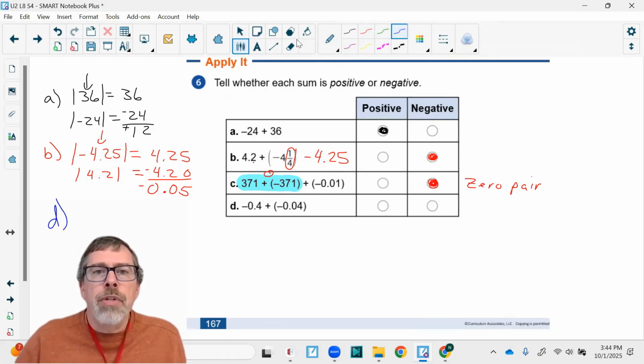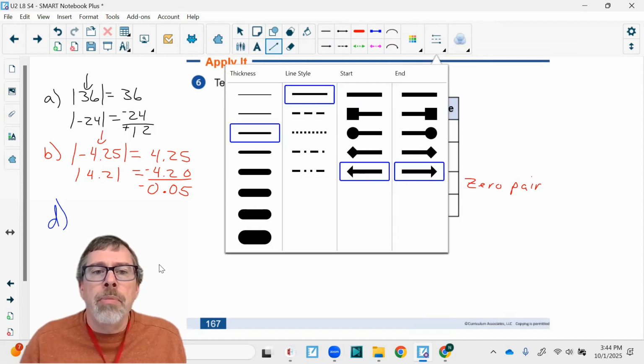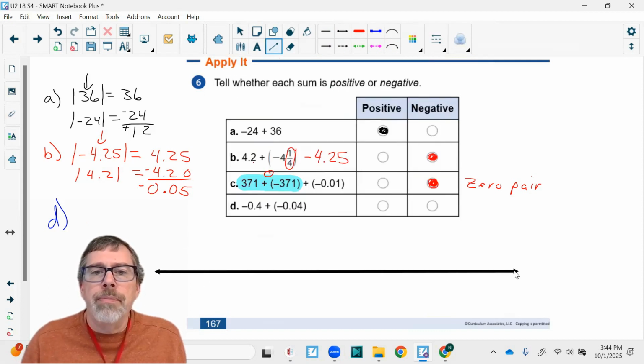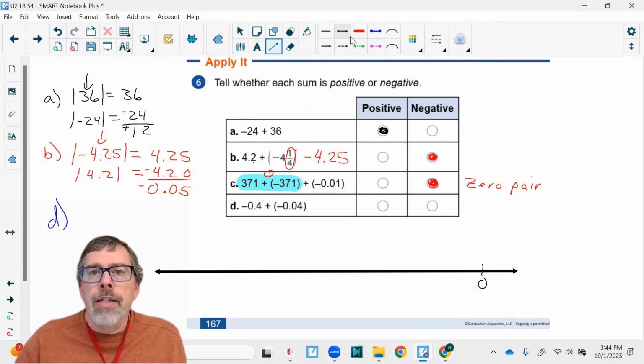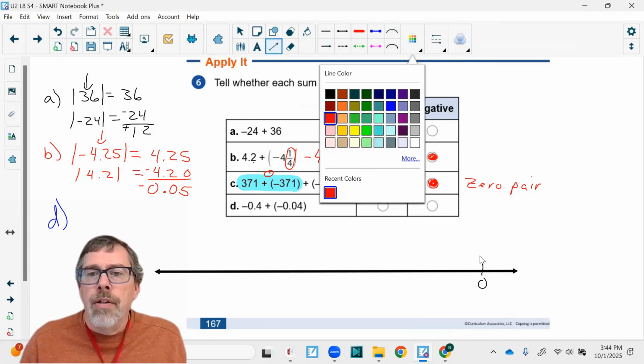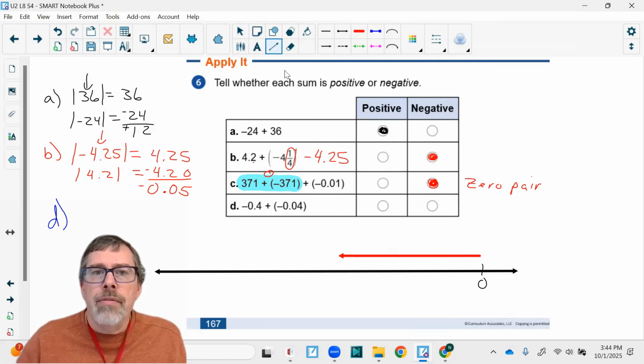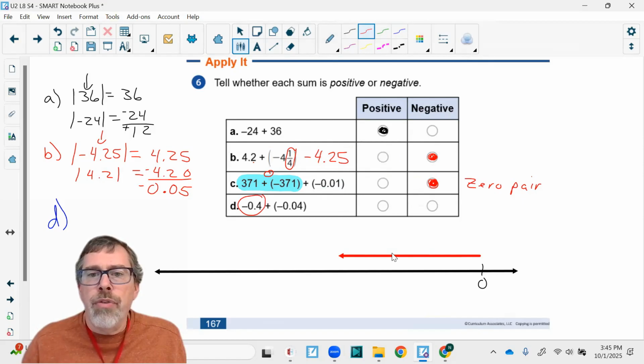I'm going to use a number line for this one, and I'll explain it using that number line. So if I have this number line, and I mark this as being 0, and then I draw another number line that is this length, and I give it a value of negative 0.4, that'd be the 1, 2, 3, negative 0.4.